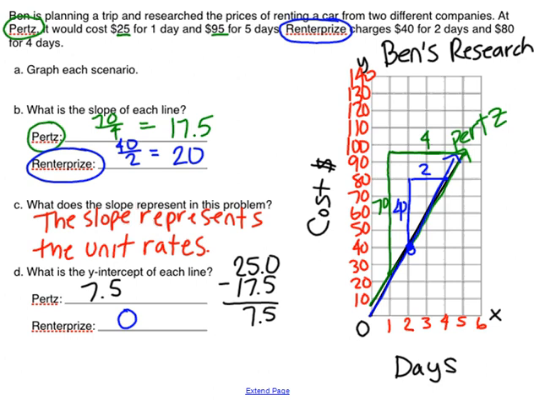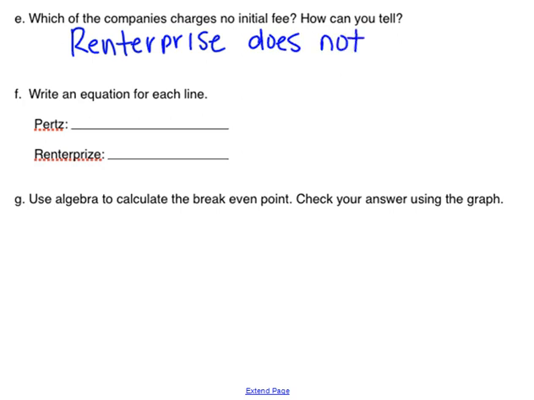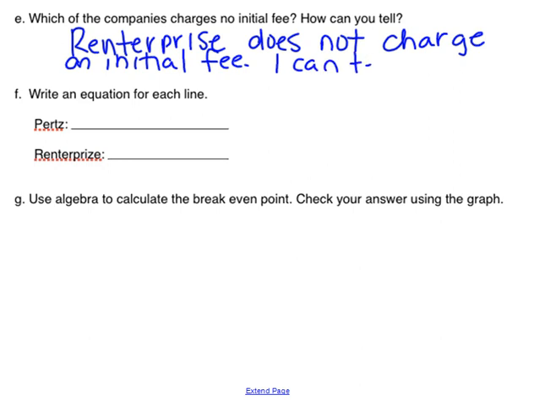So when we get to part E, we would say that the company that does not charge an initial fee would be Renterprise. Renterprise does not charge an initial fee. And I can tell for 2 reasons.